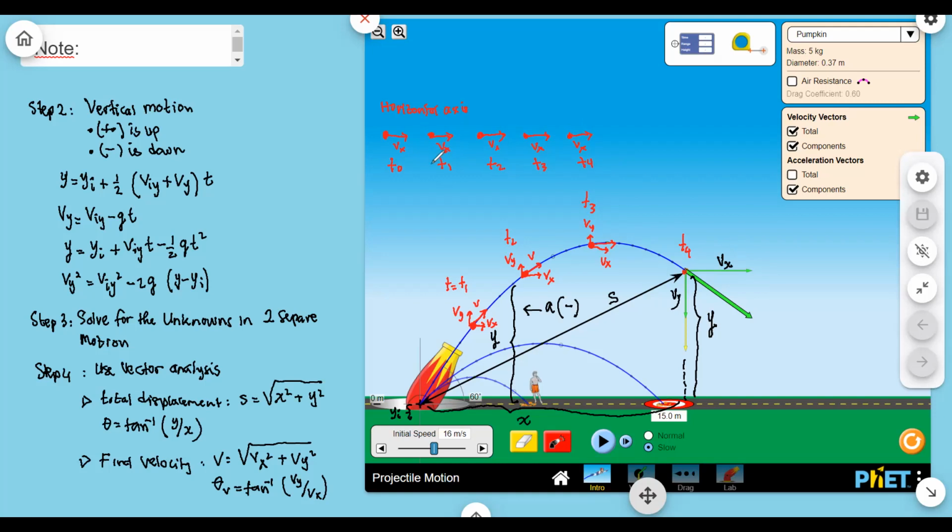And then for the vertical motion, we can also see from the simulation. So we can draw the path of the motion in the vertical axis, starting from the ground, for example, like this.